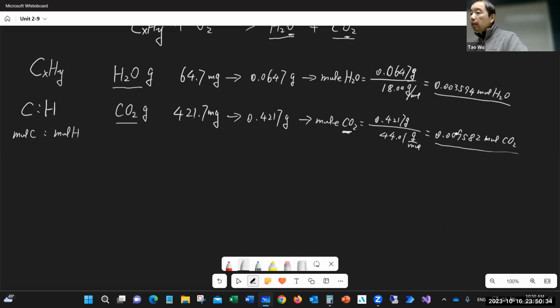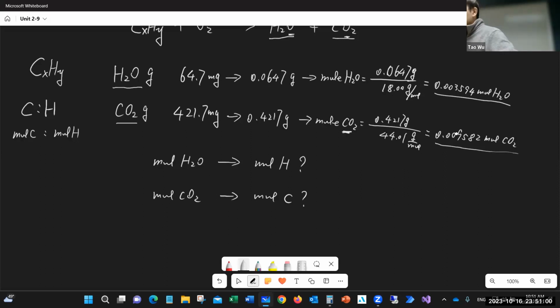So now, how can we convert moles of the water to mole of the hydrogen? How to convert the moles of the CO2 to moles of the carbon? That's going to be the key.